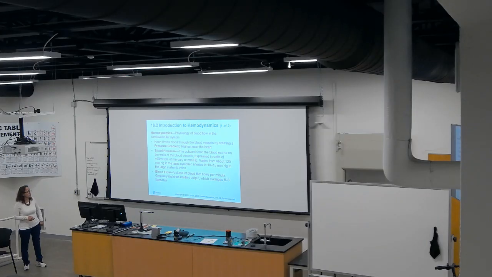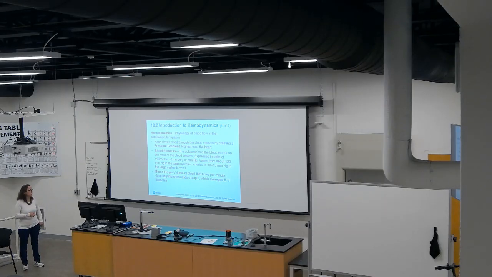Because of this pressure difference, let's say the pressure of the veins is 10 millimeters of mercury. If you subtract 10 from 120, that gives you a difference of 110 millimeters of mercury. So that difference is what moves the blood.